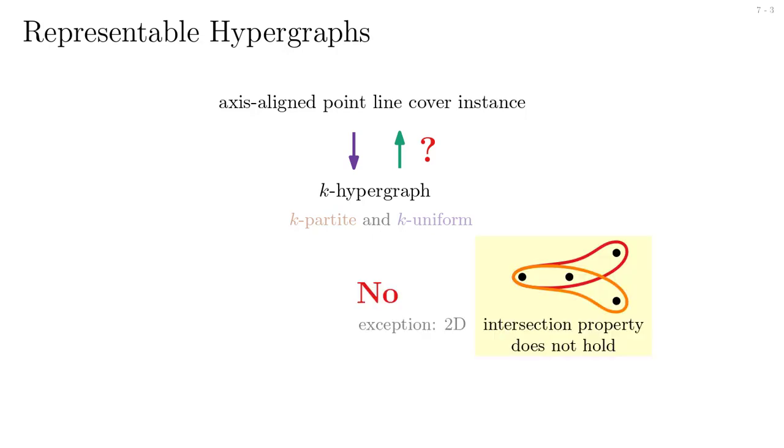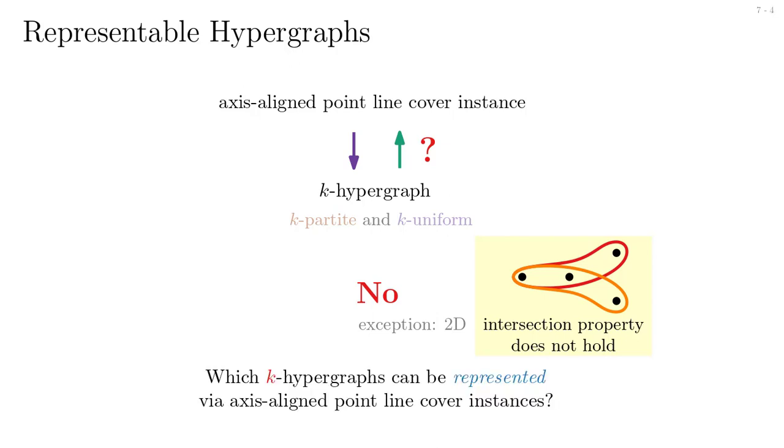We have already seen the answer: even this small example cannot be represented as an axis-aligned point line cover instance, because the intersection property does not hold. The exception is 2D, where all bipartite graphs can be represented. The natural question arises: which k-hypergraphs can be represented by axis-aligned point line cover instances? In the rest of my talk, I will answer this question.